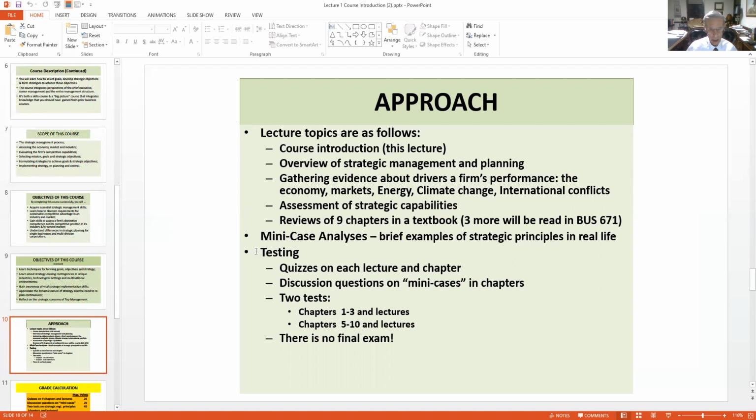There will be a lecture, and of course there are chapter readings on these topics as well, on strategic capabilities. One thing is rather remarkable in my experience teaching strategic management now for 20 years, and that is that strategic management textbooks don't get into the nature of goals or selecting goals.